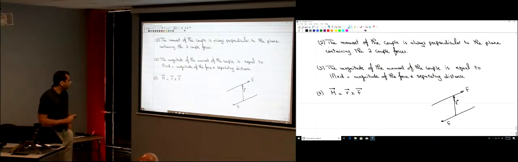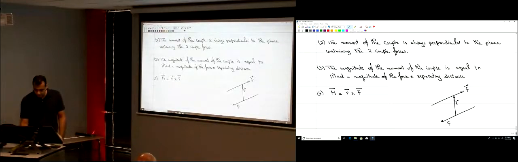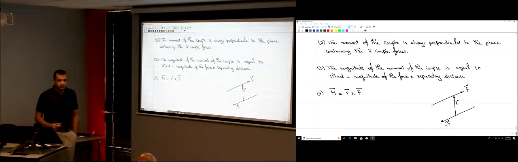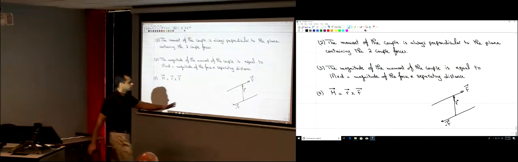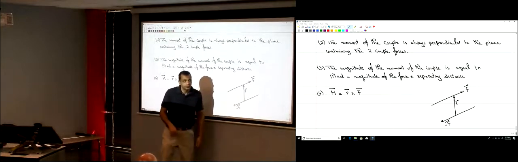So now, if I write this equation, M is equal to R cross product F, which R and which F? Here this force is F, and this force is negative F. If you use this one it's positive, and with this one you're going to have a negative answer, right?